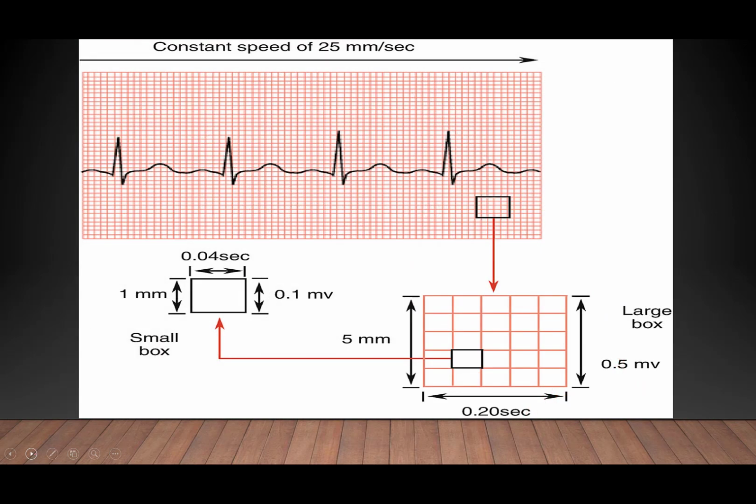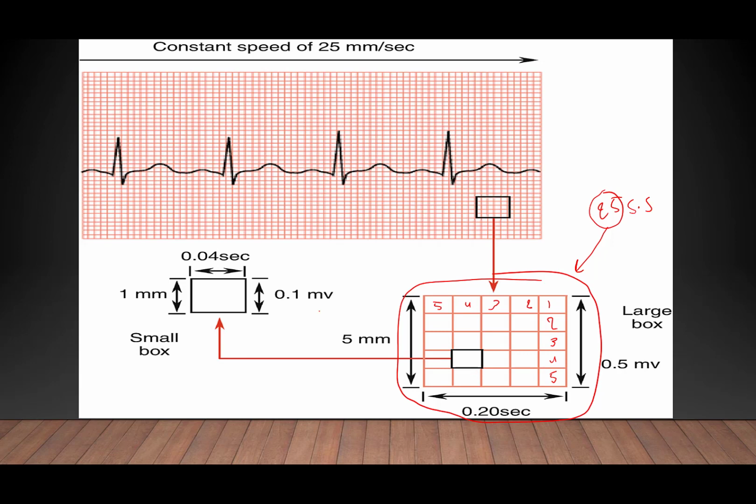Okay, so here as you know, the ECG paper consists of large and small squares. Each large square consists of 5 horizontal and 5 vertical small squares, so in general we have 25 small squares.